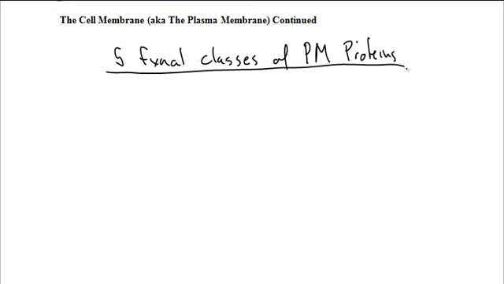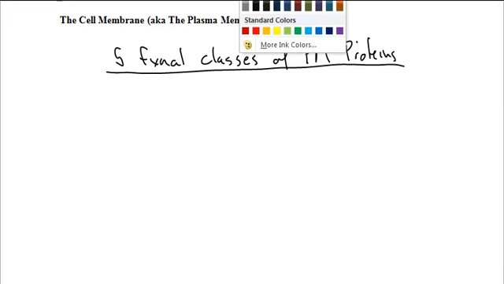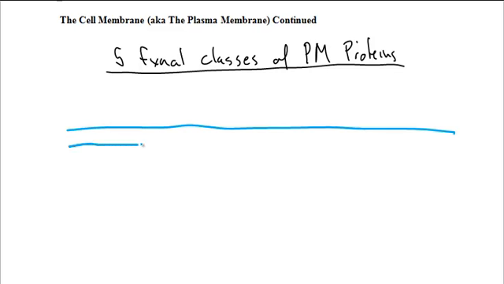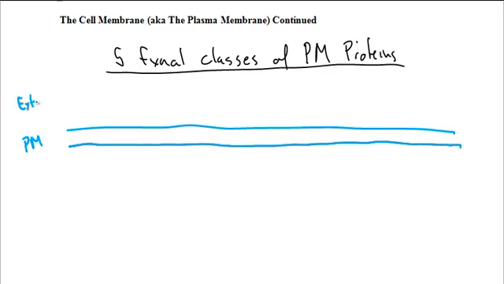What we're going to do is draw a representation of the plasma membrane. And like most people do, can't draw all the phospholipids in the tails. They just simply draw 2 lines representing the bilayer. Again, the extracellular side.